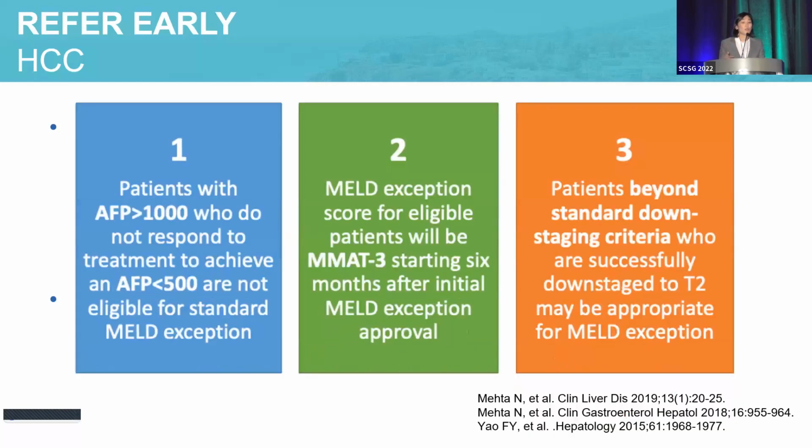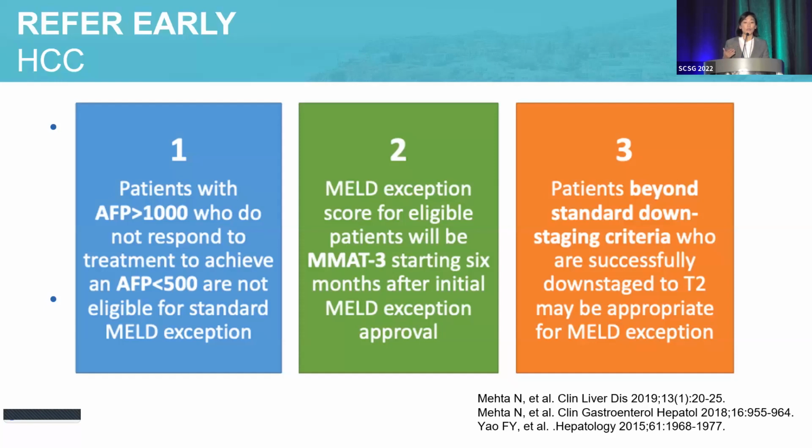So this just summarizes some of the UNOS policy changes that have occurred in the last few years, even with patients who have AFPs above 1,000, as long as they're downstaged and their AFPs are less than 500, they would meet eligibility for MELD exception. If they don't have AFPs less than 500, then they would not get the MELD exception points. UNOS has actually changed their policy where, when we have a patient who meets the T2 criteria, they receive MELD exception, they're approved, but they must wait at least 6 months before activation of those MELD exception points.